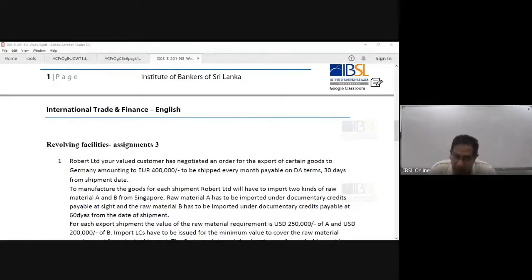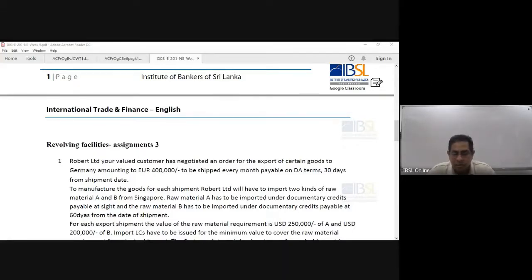A usance draft should be drawn demanding payment 60 days from the date of receipt of the document.